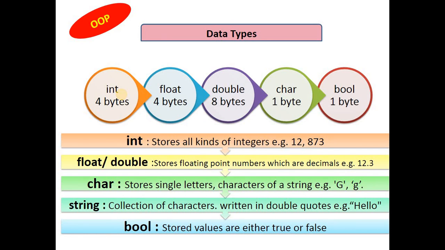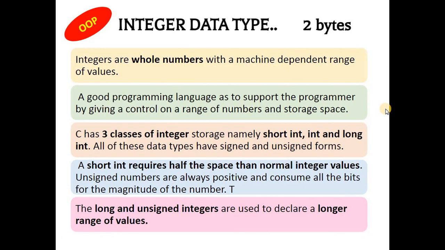Then we have bool, where a boolean has two values, true or false, and this takes 1 byte inside the memory. So how much space is it taking? Integer takes 4 bytes inside the memory, float takes 4 bytes, double takes 8 bytes, char takes 1 byte and boolean takes 1 byte.